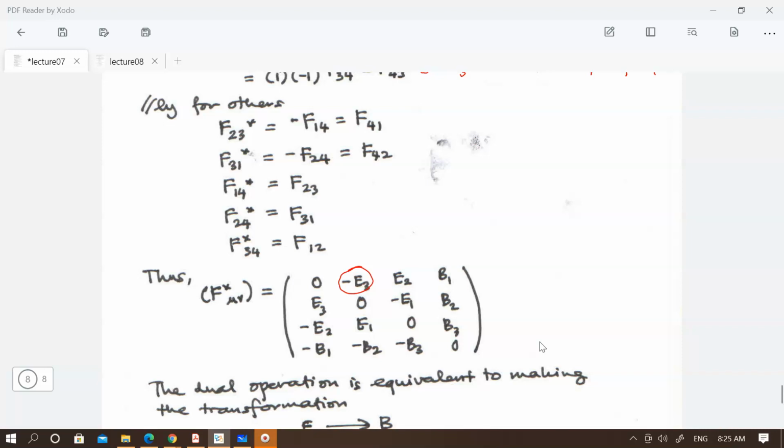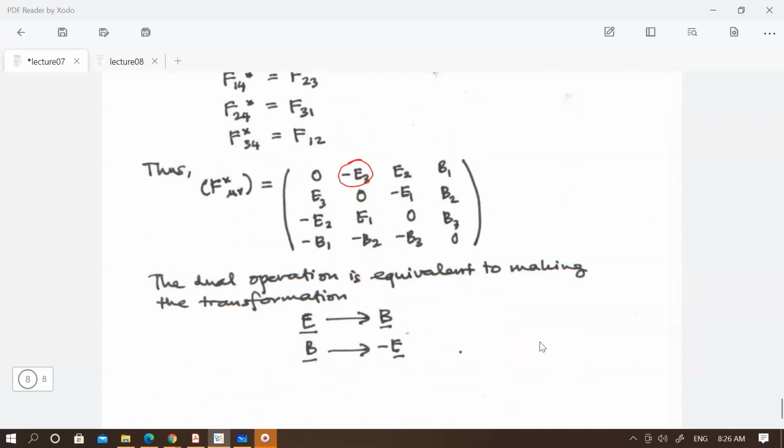I just summarize everything here, and you'll see that what was previously the electric field in the fourth column now becomes the magnetic field. The fourth row is also the magnetic field, but now with a minus sign because of the antisymmetry. And in the upper triangle and lower triangle, here is your electric field, replacing the ones that we had for the magnetic field before.